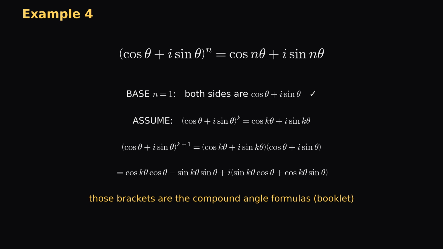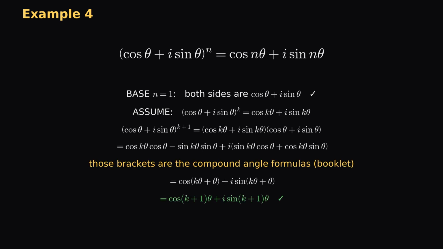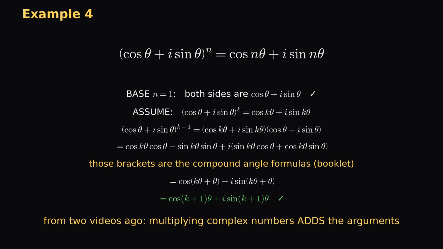And those two brackets are exactly the compound angle formulas, which are in your formula booklet. So that is cos(kθ + θ) + i sin(kθ + θ), which is cos (k+1)θ + i sin (k+1)θ.